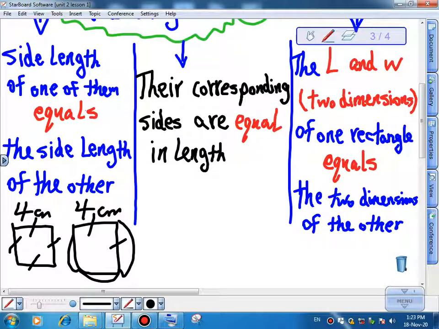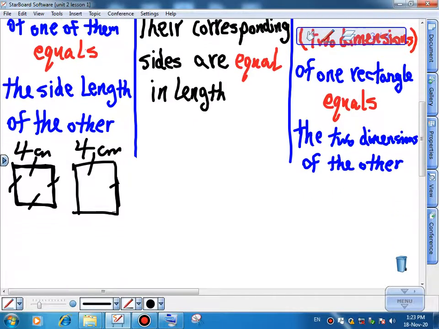So if I have a square with a side length equal to 4 centimeters and another square with a side length equal to 4 centimeters, this is a special case: if I have only the same side length, I will say that these squares are congruent squares. I don't need to check the angles.